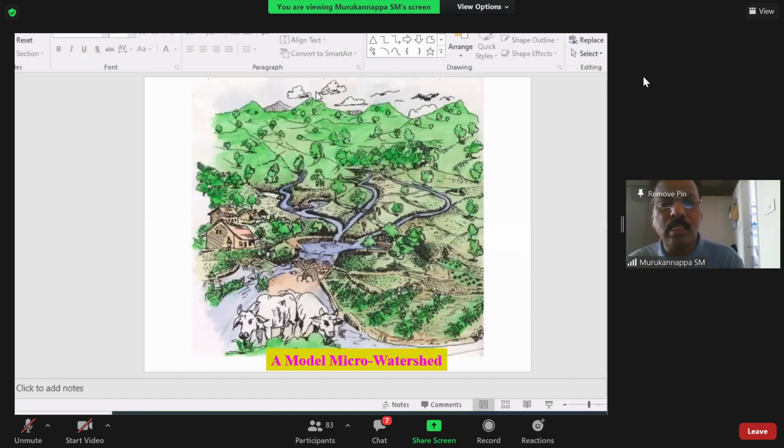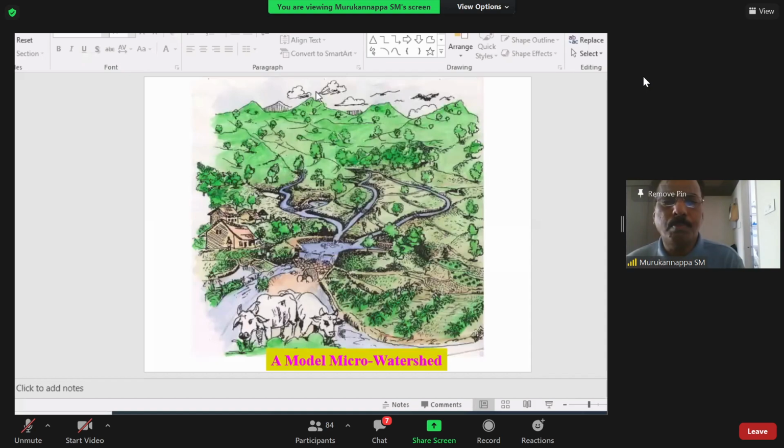In that area also we have taken up conservational measures. Coming to the downstream, you can find gullies or nalas, because the high elevated places, the hillocks, have formation of gullies and nalas, so we can say that area is the drainage line.